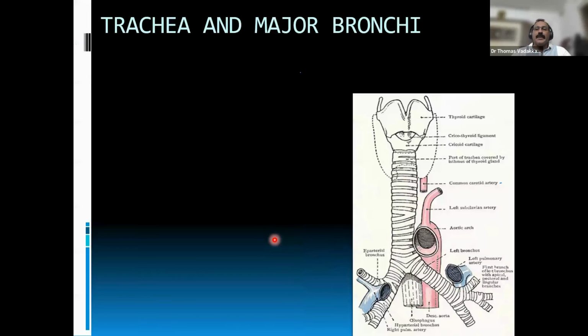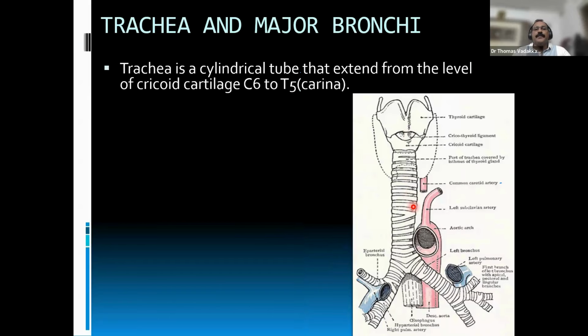Now, one important structure in the mediastinum to start with is the trachea. So you should know the basic anatomy of the trachea. It starts from C7 till T4 or T5, where it divides into right and left main bronchus. Length is 10 to 15 centimeter. Internal diameter is 10 to 18 millimeter.